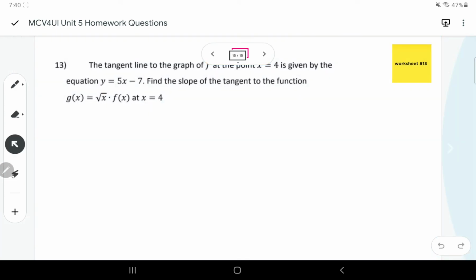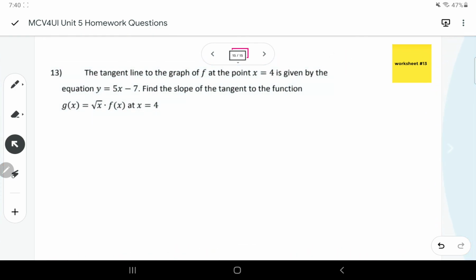Okay, this one's kind of interesting. The tangent line of f at the point x equals 4 is given by the equation y equals 5x minus 7. So this tells us a few things. This tells us that the derivative, f prime at x, is 5, because that is the slope of the tangent line.